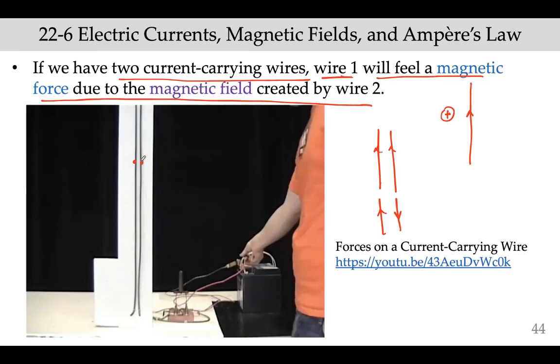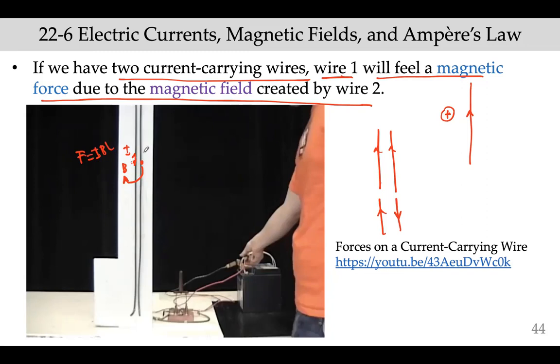So wire 2 creates a magnetic field everywhere, including this point. And since there's current on this wire and the magnetic field, which is created by wire 2, now this wire 1 will feel force, how much? It will be ILB.